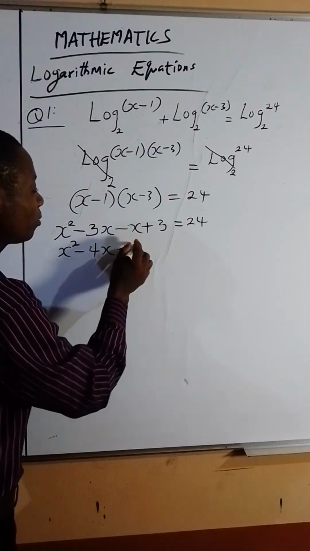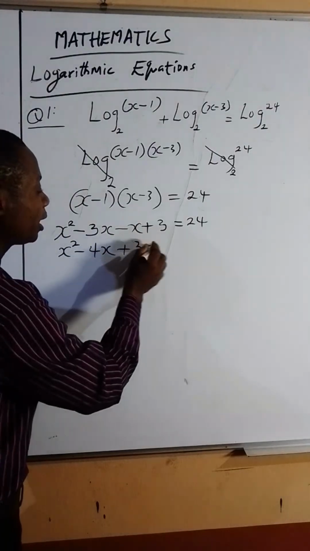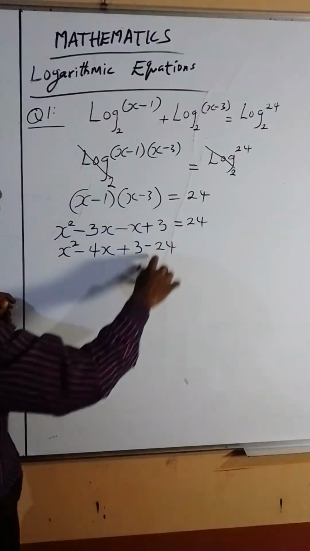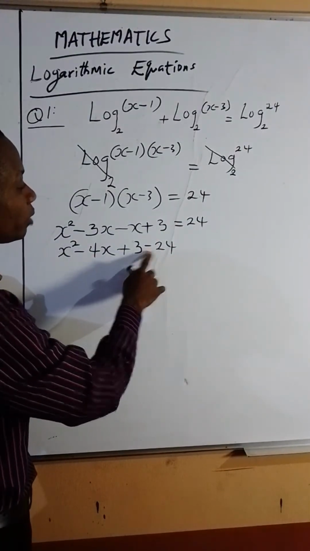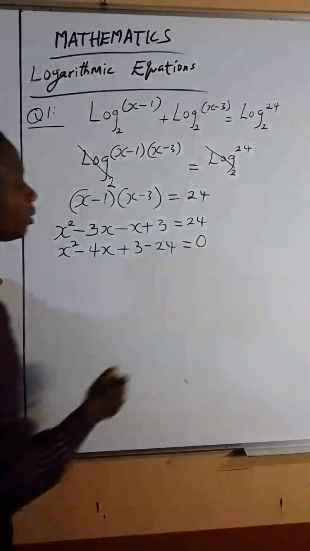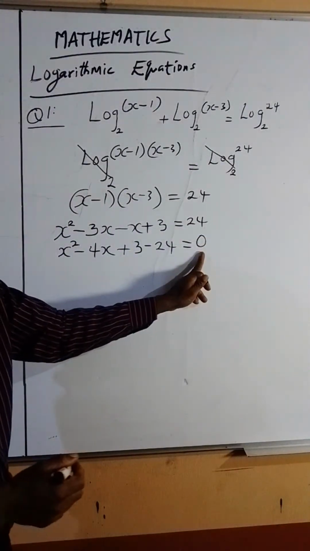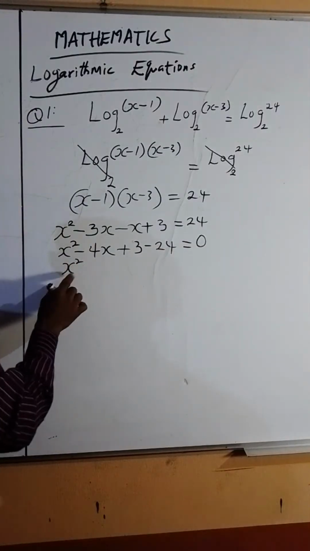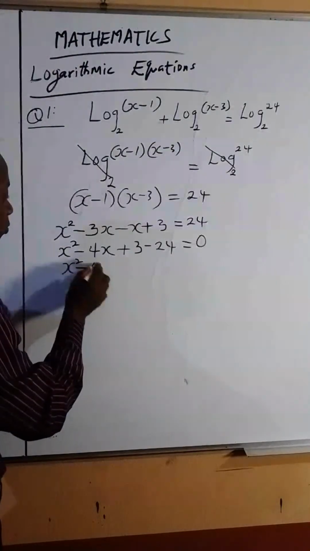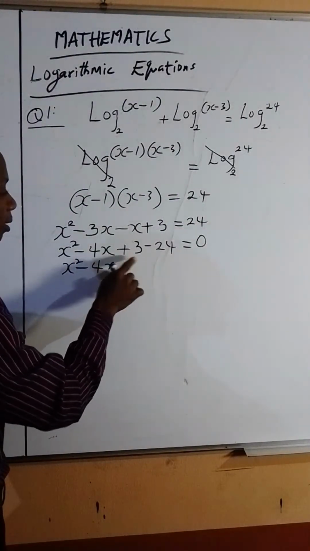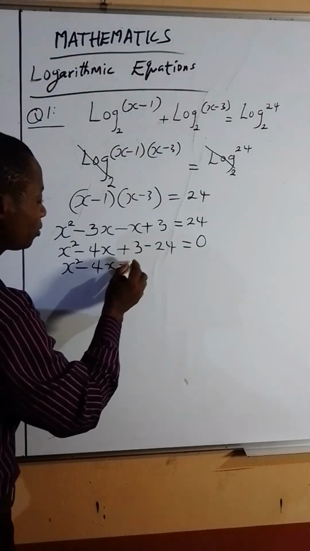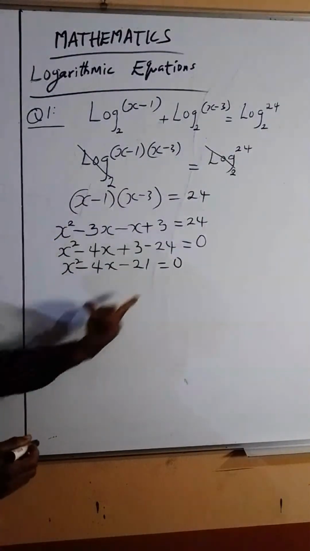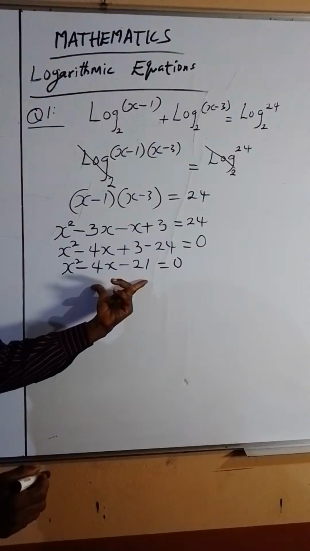Then bring 24 to the left-hand side, we are going to have minus 24, and we'll be left with 0 at the right-hand side. Then we can simplify by writing x squared minus 4x, then 3 minus 24 is minus 21, and this is equal to 0. So this is the simplified form of these expressions.